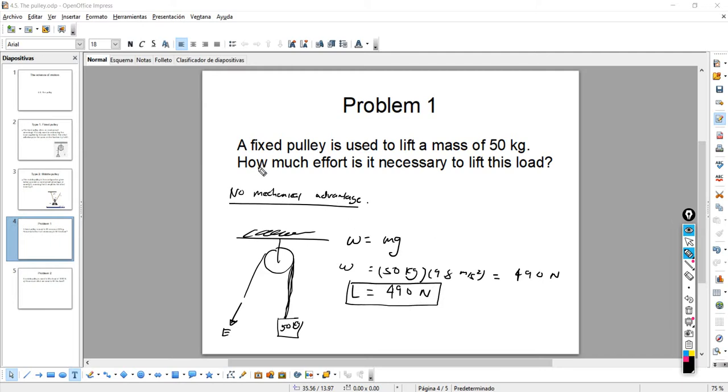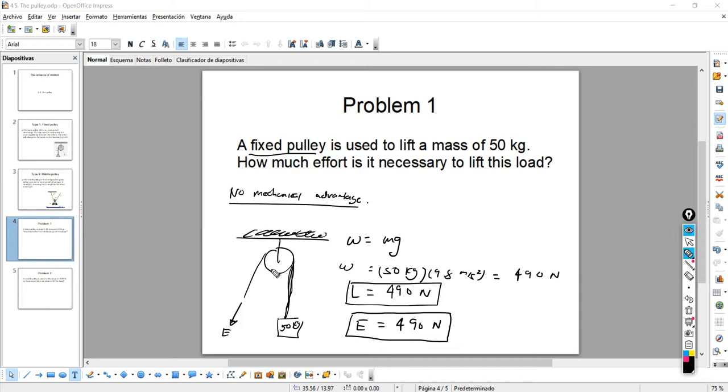Now let's answer the question. How much effort do I need to lift this load? Well, the same. The effort needs to be 490 newtons. Why the same? Because I'm using a fixed pulley, and when you use a fixed pulley of this type, there is no mechanical advantage.